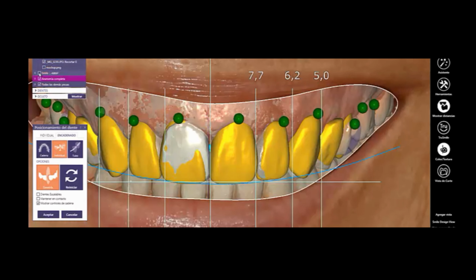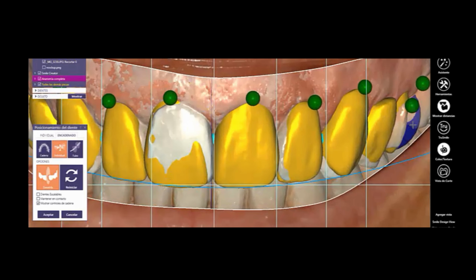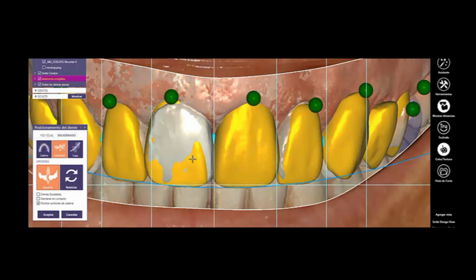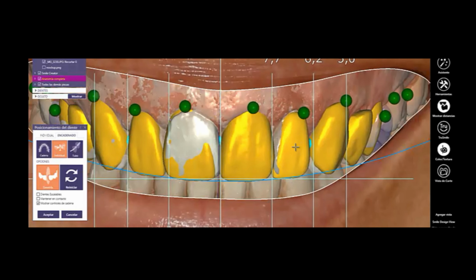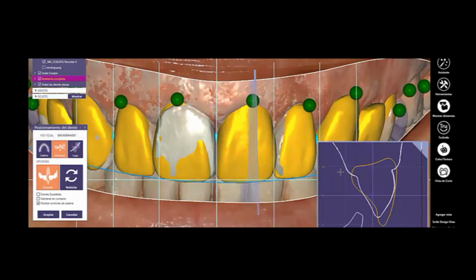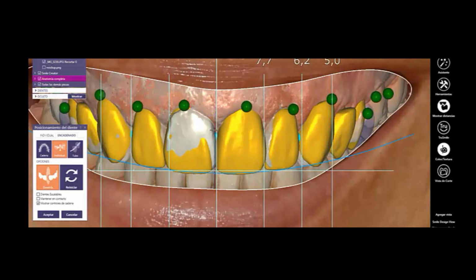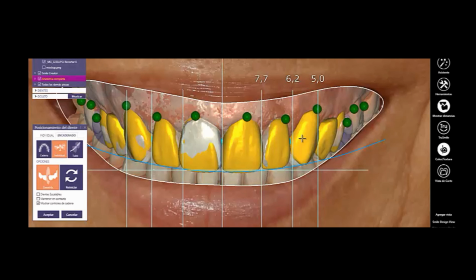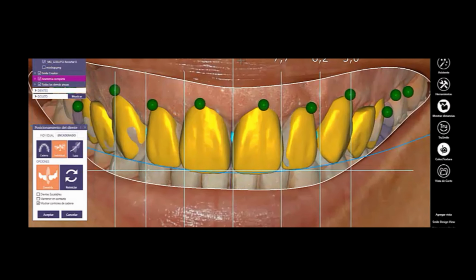And as you see here, in the 1.1, we give a composite veneer with the patient in front of the patient, and now the lab technician has all the information of the shape, of the position, and the distribution of the spaces and the proportions.